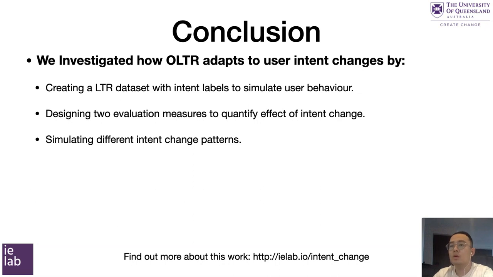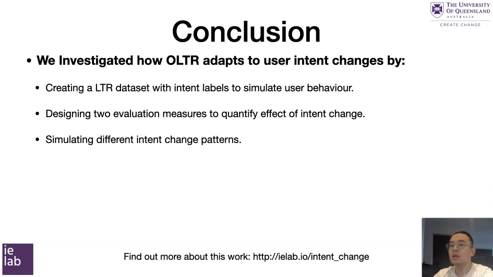To conclude our work, we formally investigate how online learning to rank methods adapt to user interchange. We created a new dataset with intent labeled, which allows us to simulate different user interchange behavior. We proposed 2 novel evaluation metrics for online learning to rank in order to quantify the impact of user interchange.